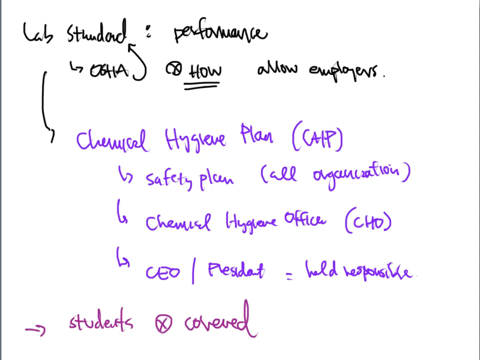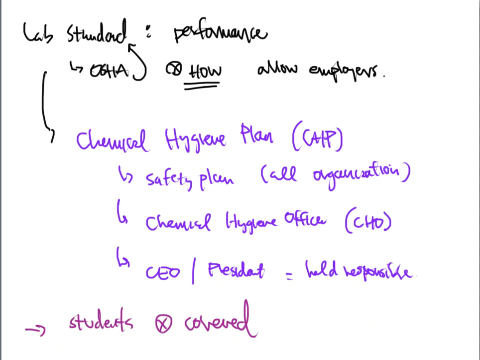So we need to talk about this CHP. What should be included in a CHP, this safety plan that we should be following as an employee of an institution? Well, there's a couple of major sections that OSHA would like for you to include, and these are kind of a requirement, okay?